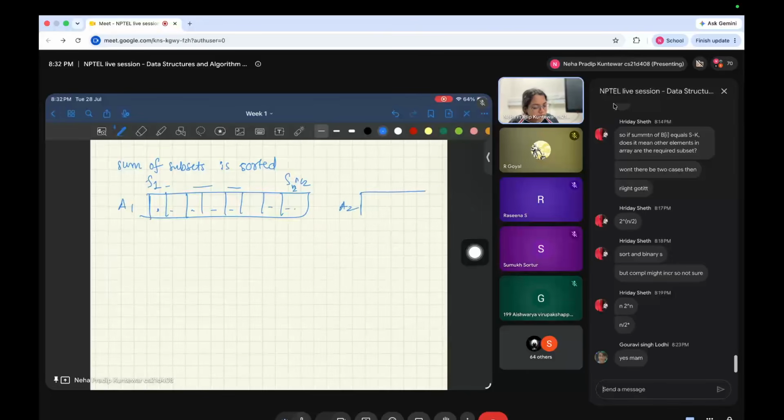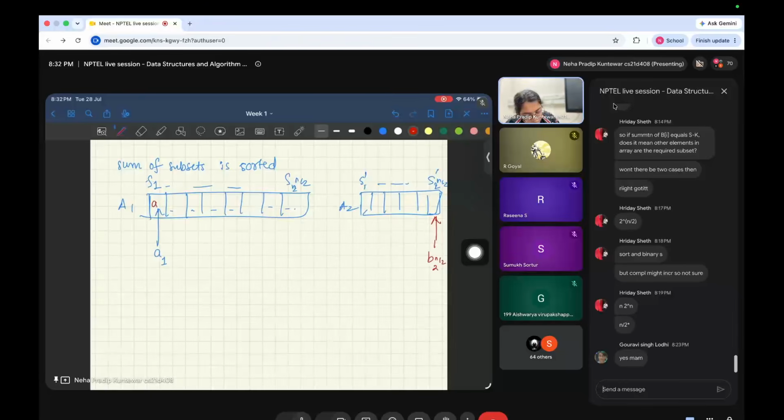Similarly for a2 also we have performed the sorting, and this is also sorted. Okay, so now let me look at this value. Let us say that this value is a1. And then let me look at this value, and let's say this is b2 to the n by 2.